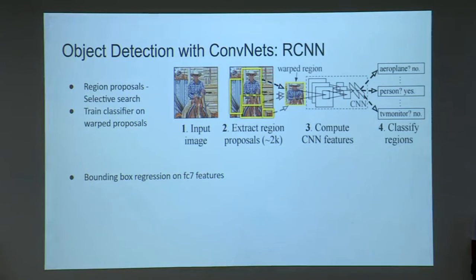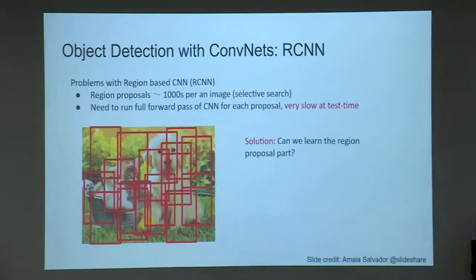So this also you need to solve. But the problem with this algorithm was that there are 2,000 regions per image using the selective search algorithm, and every time you have to run the CNN through those 2,000 regions. That's very, very slow.